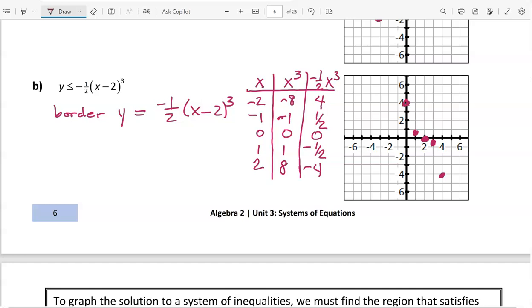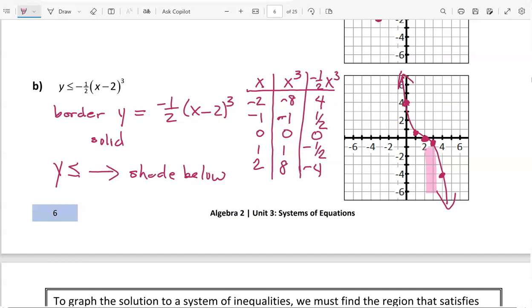There is an or equal to, so we're going to make a solid border. And then, since we have y is less than or equal to, we will shade below. So I'll shade below every point on this graph. And to some of you, that's going to look like the left side, but it's actually below every single point on this graph.